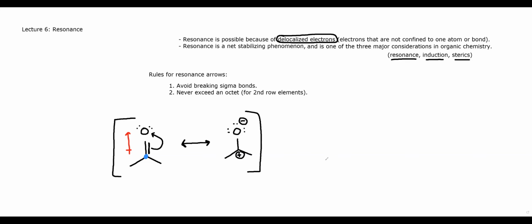What if we did this? What if we had the same structure, acetone, and I drew a curved arrow like this? I took these 2 electrons and I made them into a bond between carbon and oxygen. What would that look like?